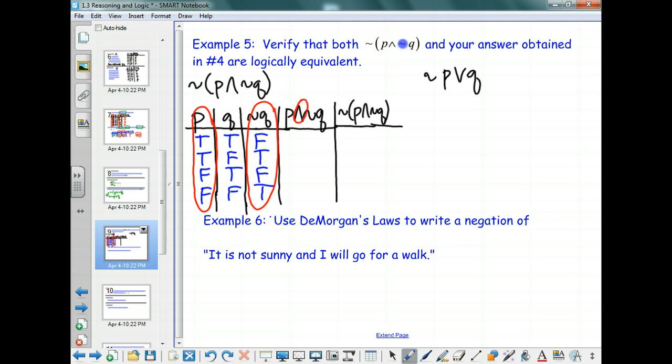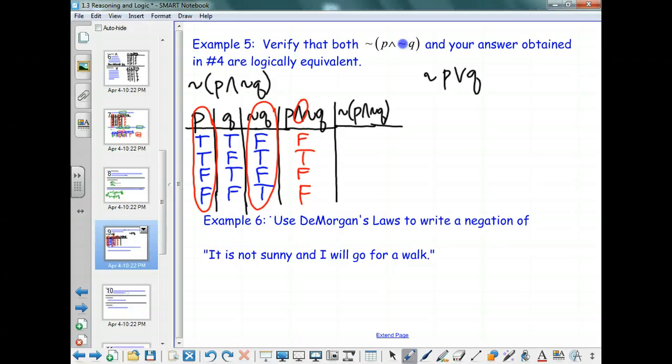And. So if I have a true and a false, is that and statement going to be true or false? False. That is false. How about true, true? False, false? False, true? Excellent.